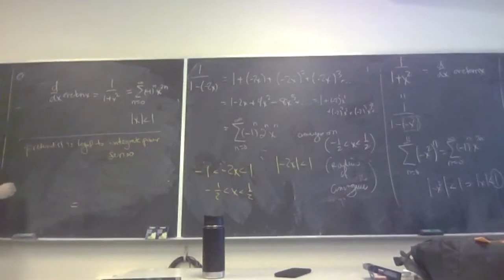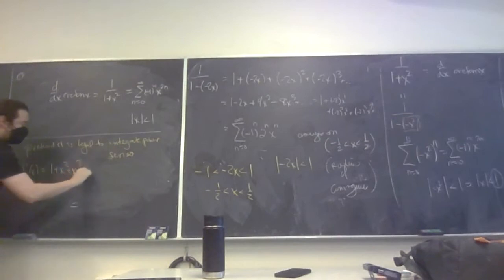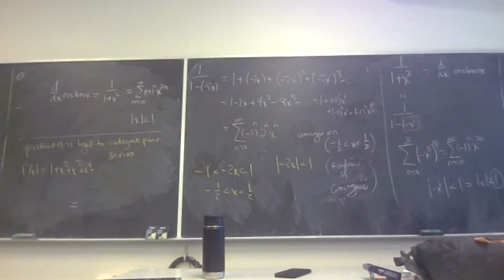Well, if you had a series f of x that looked like 1 plus x plus x squared plus x to the third plus x to the fourth and so on, and we just imagine for a second that this was a giant polynomial, and I just slapped an integral on there, just imagining that this infinite list of terms was really a polynomial, how would you integrate it? What if there was no dot, dot, dot there?